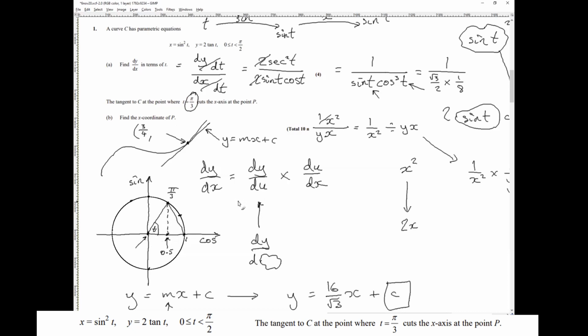Tan is opposite over adjacent. So that means √3/2 divided by a half. So what's √3/2 divided by a half?